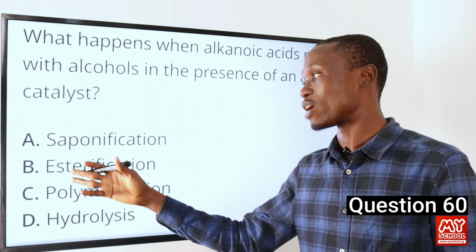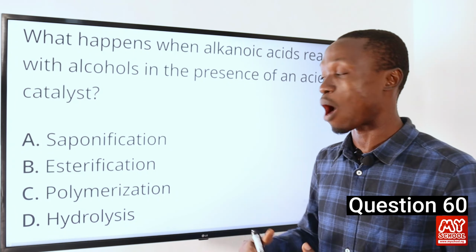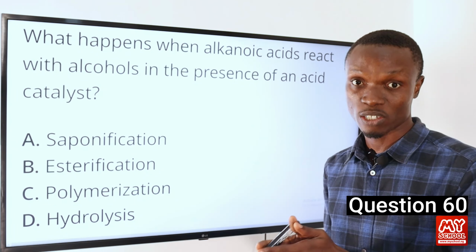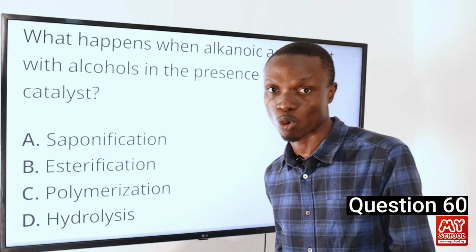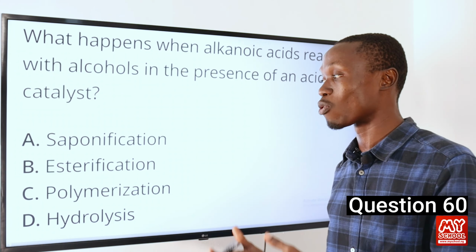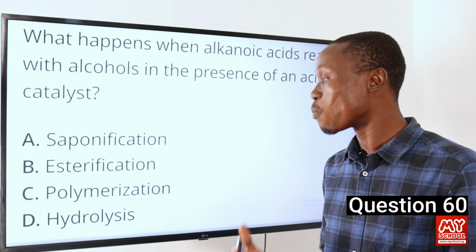I think that is the reason why it's called esterification, because at the end of this reaction, ester and water is produced. While option C, we have polymerization. In polymerization, simple molecules come together to form a larger molecule referred to as polymer, while those simple molecules are referred to as monomers.